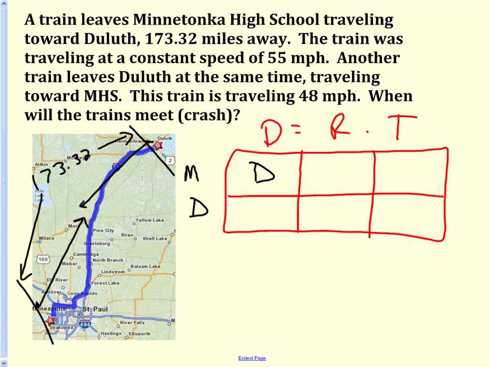Yes, what is it? 55. And do I know the amount of time that it traveled before it hit? No. So I put a T. It's very simple for that top equation. I know one more thing. I know it on the bottom equation, I know the Duluth train is going 48. So that goes here.